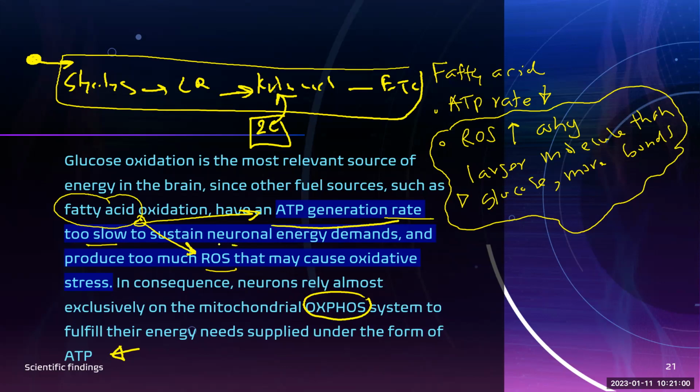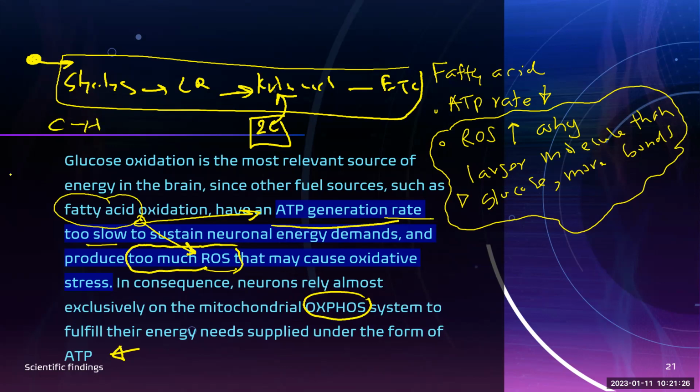And why can it produce too much ROS? Maybe one reason is that fatty acid has a long hydrocarbon chain. It has more carbon and hydrogen bonds than glucose.